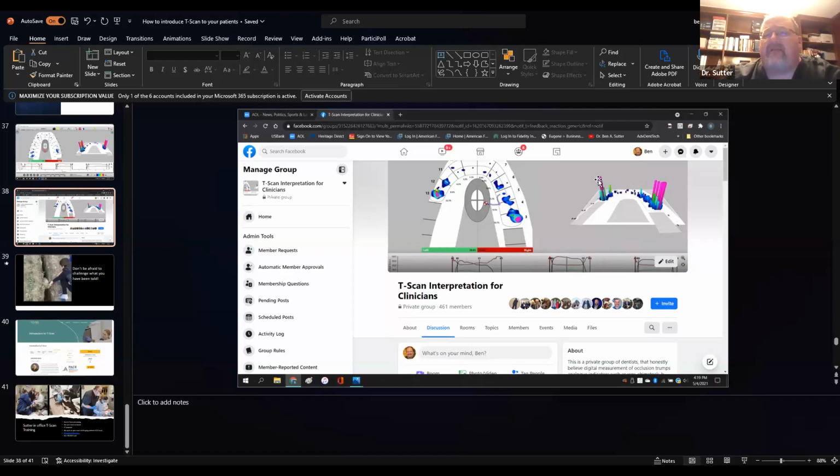The interesting thing about OccluSense was they had green, yellow, and red that were maxed out, and then they had yellow, green, and red smaller pixels. So how do you interpret that? The manual doesn't tell you how to interpret that data, and you have to figure it out on your own.